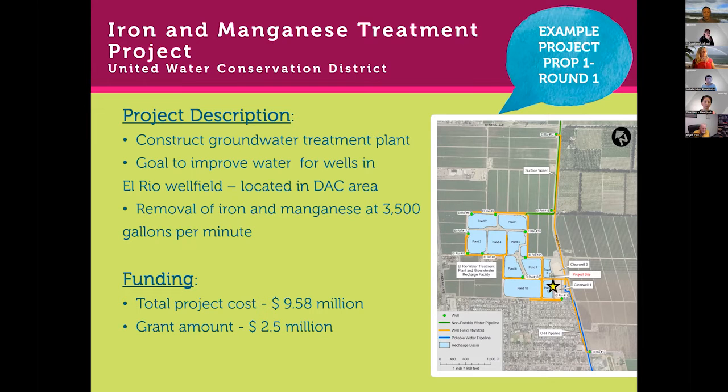This is one of the bigger projects. Total cost of the project is $9.58 million, and $2.5 million of that is coming from Prop 1 Round 1 funding. So that's an example of a project that benefits the community through improving the quality of the groundwater that's delivered to parts of El Rio, Nine Acres and beyond.